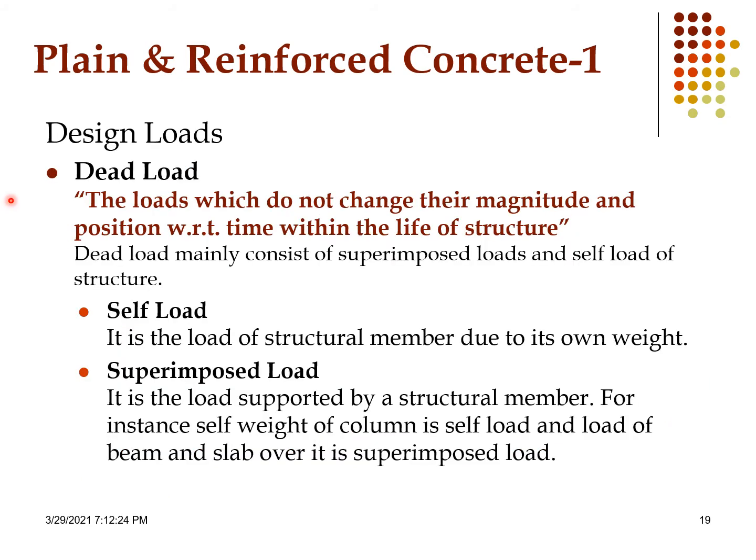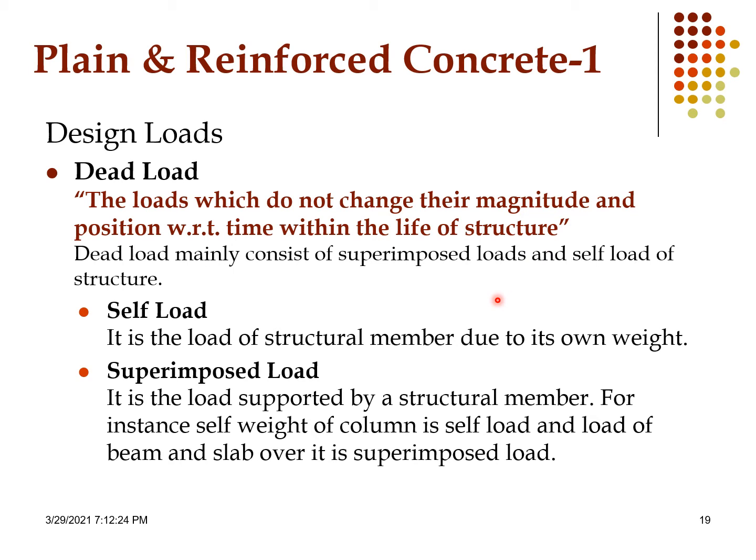So design load, actually we have two different types of load. One we call dead load, the load which does not change its magnitude and position with respect to time within the life of the structure. Dead load is actually of two different types.